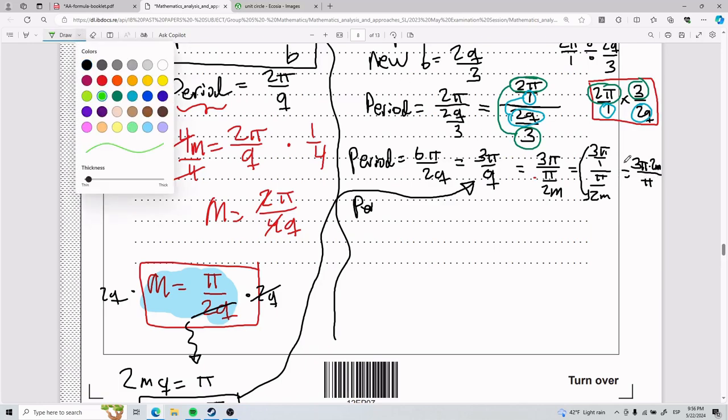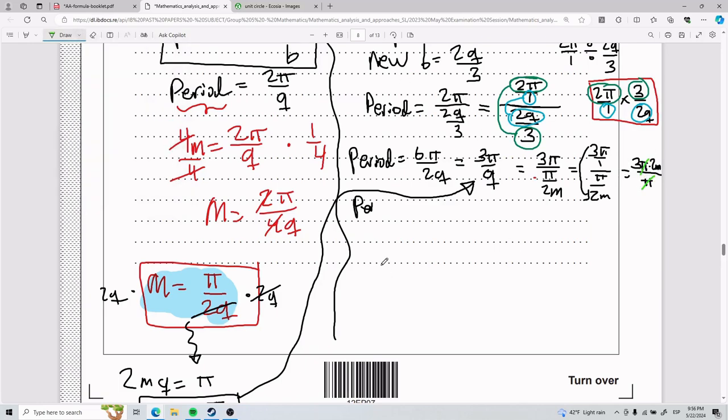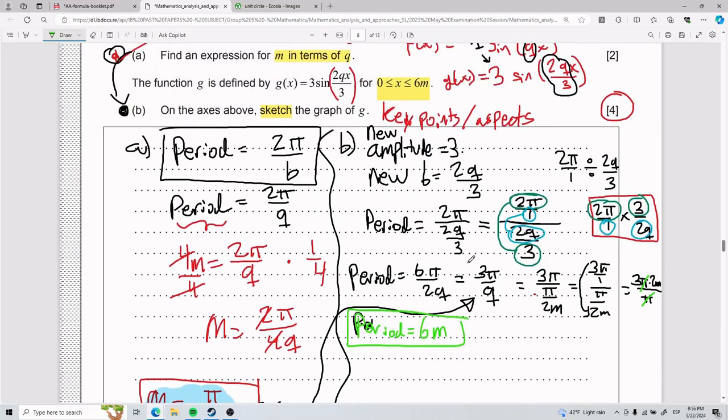Now, because it's all being multiplied, this goes away with this, and the period finally becomes something more readable. Period has to equal 6m. Okay, so your period is 6m, and this already gives you a whole point, okay?